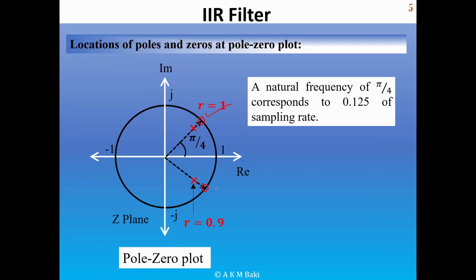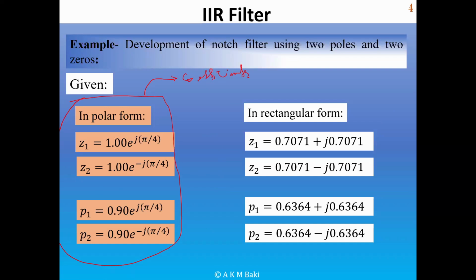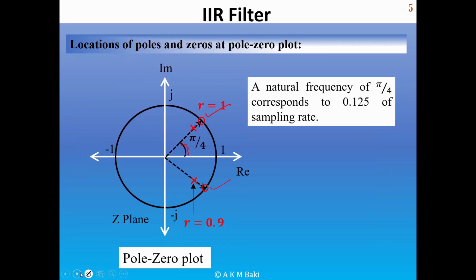The location of zeros with angle pi by 4, you can see the angle was taken from this part, e to the power j pi by 4, which corresponds to sampling frequency pi by 4, that is with respect to the sampling frequency 0.125. If I consider the sampling frequency normalized to 1, then the given frequency should be 0.125.